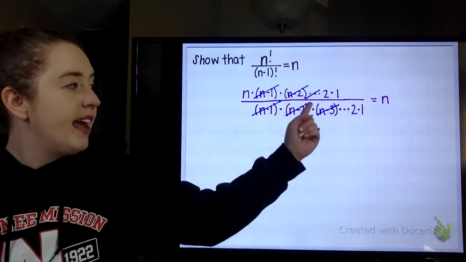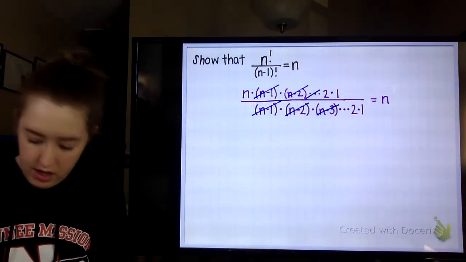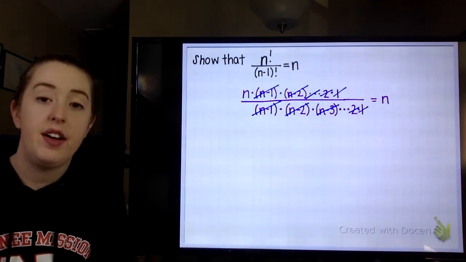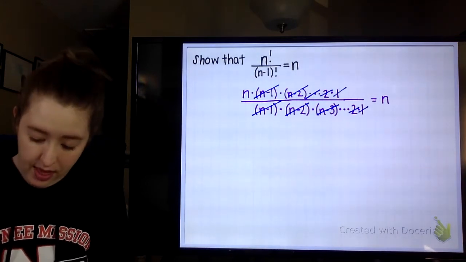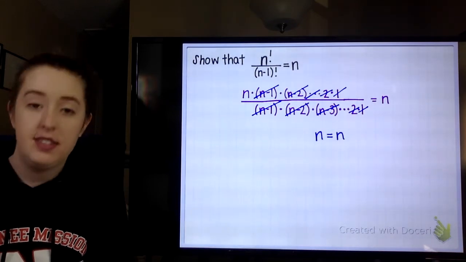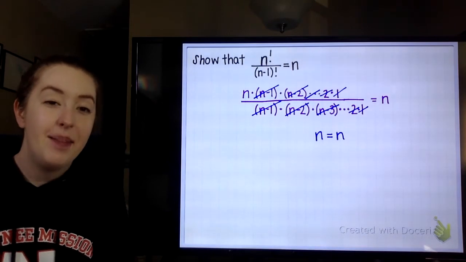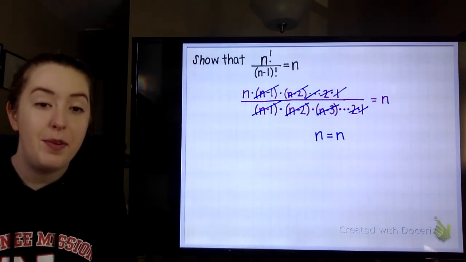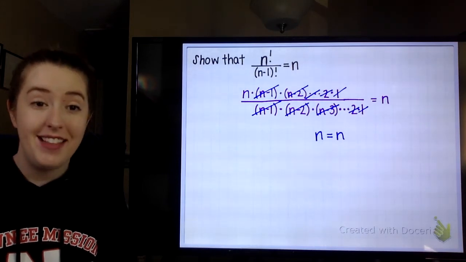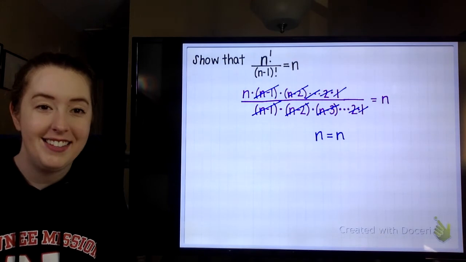It's accounted for in those 3 little dots in the middle. 2 and 2 divide away, 1 and 1 divide away. So what am I left with? N. And that's equal to n. So you can expect to see things like that. A lot of times what my professors did was they called them conjectures. They would give you a statement and say prove or disprove, have fun. And it was a good time.